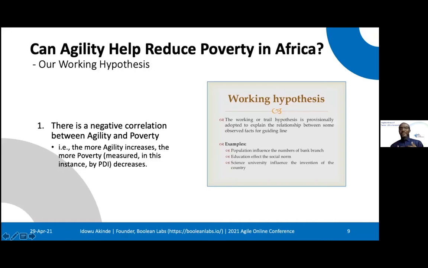So my assertion today, and we're going to put this to the test, is that there is a negative correlation between agility and poverty.